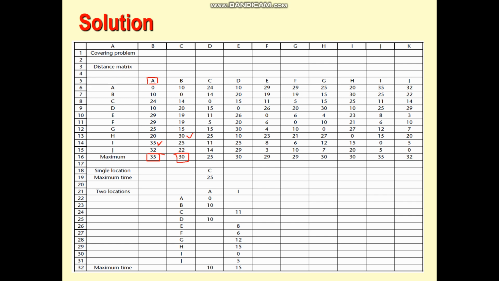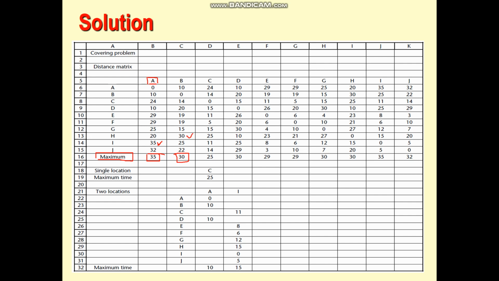So on and so forth, you can determine the longest time the customer has to wait if you locate your facility in C, D to J. And then we will compare the maximum time the customer has to wait between different locations.